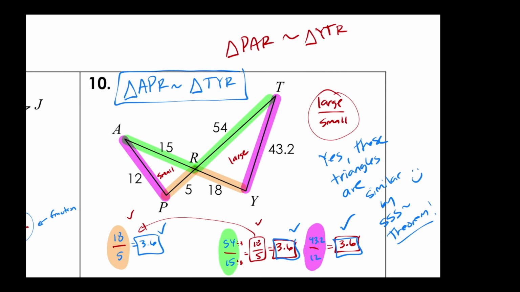I'll leave this up for a minute for you to copy. Did anyone know that the division sign was a fraction with a dot for the numerator, dot for the denominator?